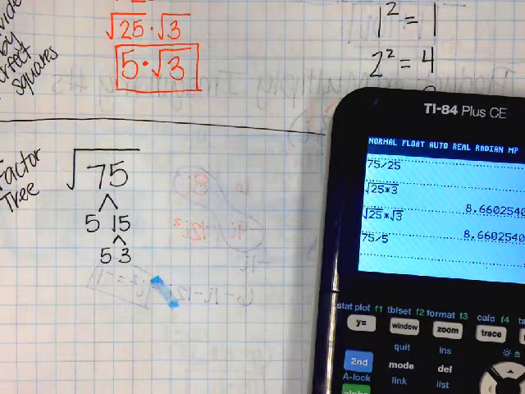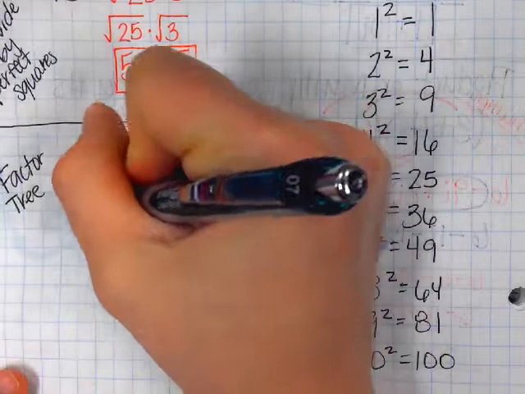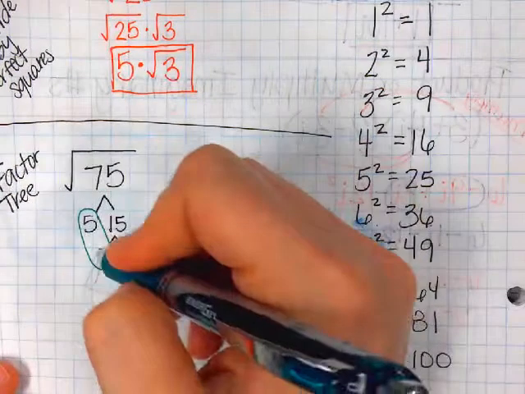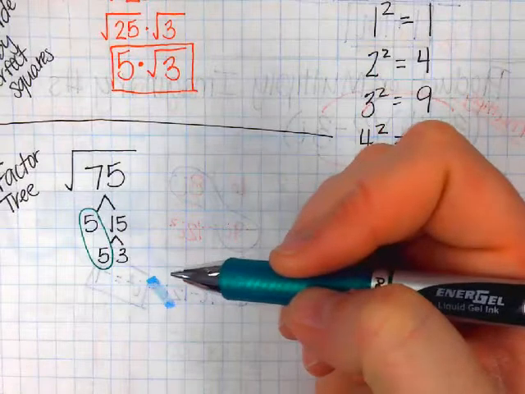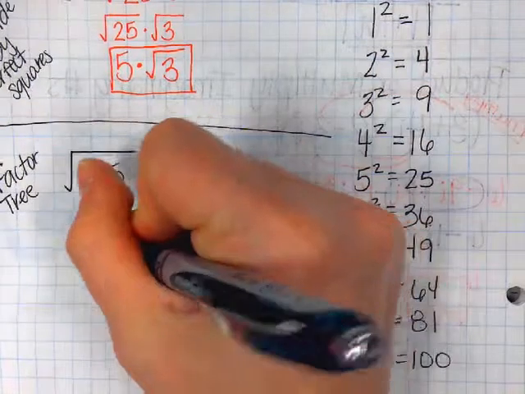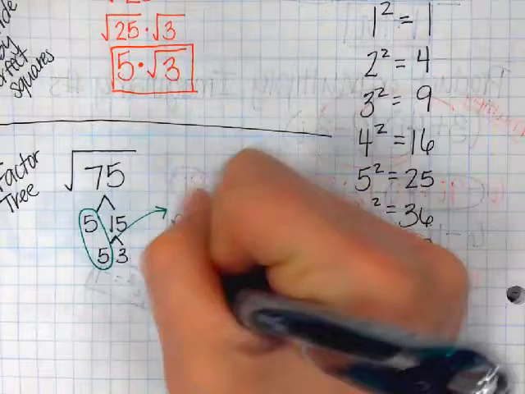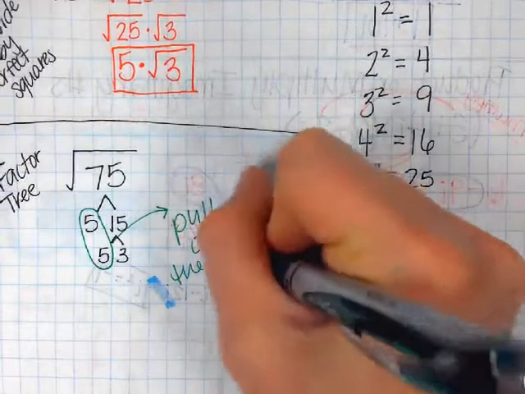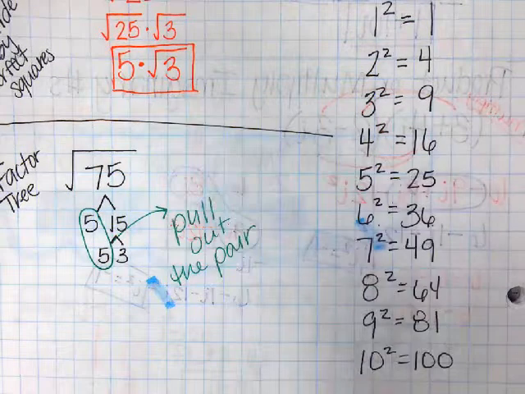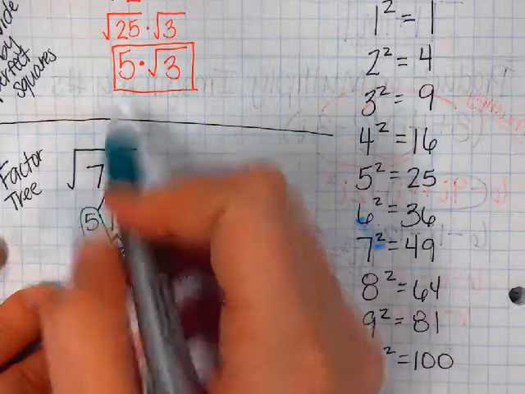Now, since we're finding the square root, or what number times itself gave you that information, since you have a double factor, the same factor twice, 5, it would be 5 times 3 would give you 75. So since you have a double, you're going to pull out the pair.